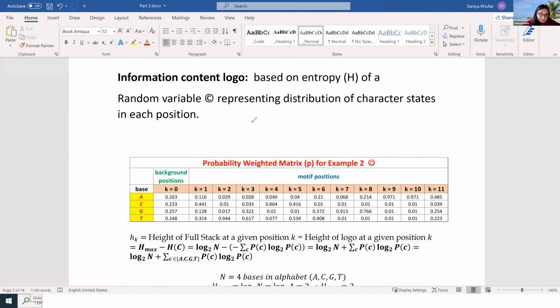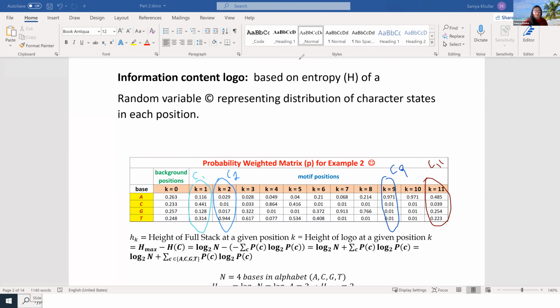This is C1. What all these bases are, these refer to C1 over here. Then this part here is like C2. This part over here, for instance, would be C9. And this part here would be C11.